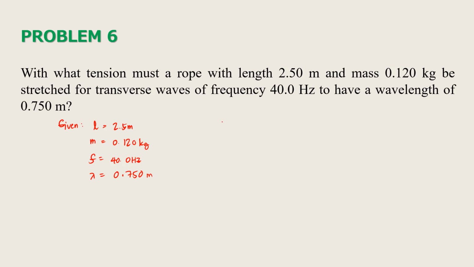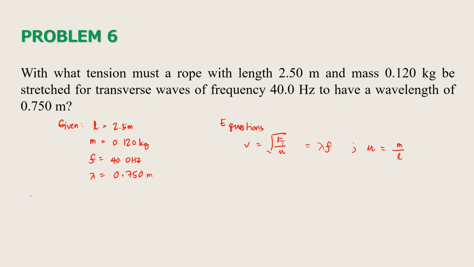Now, for the equations that we know, we have v is equal to the square root of the tension divided by the mass per unit length. And we also have this equation for v, lambda f, and we also have mu is equal to mass divided by L.